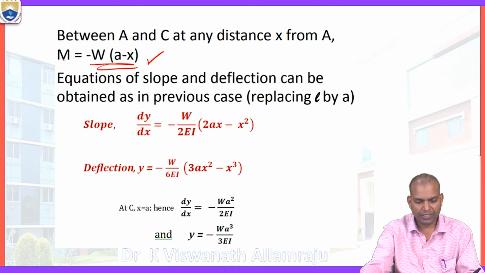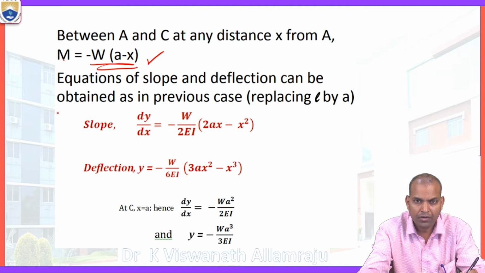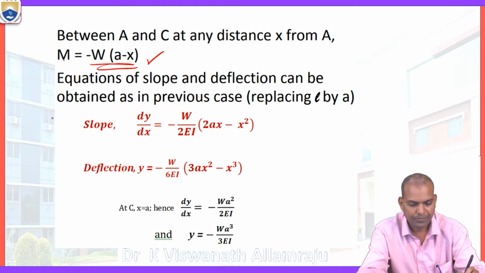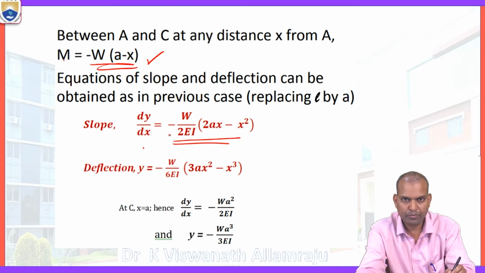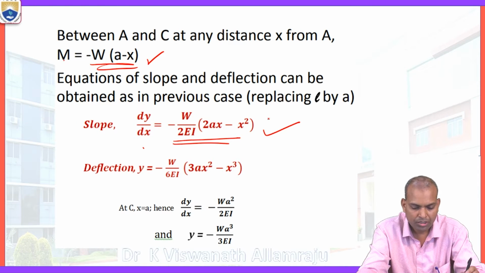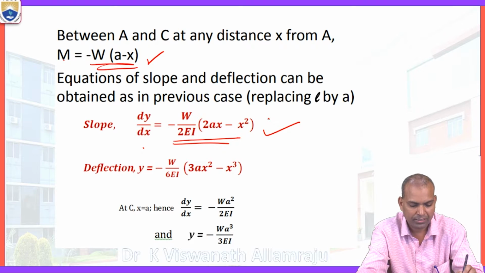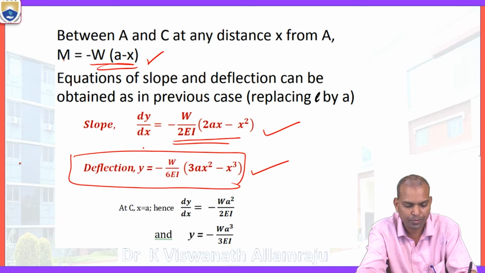Now we already derived the equations in the previous session. The slope and deflection for this case are obtained by replacing L by A. Now dy by dx equals minus W by 2EI times (2AX minus x square), and the deflection y equals minus W by 6EI times (3AX square minus x cube).